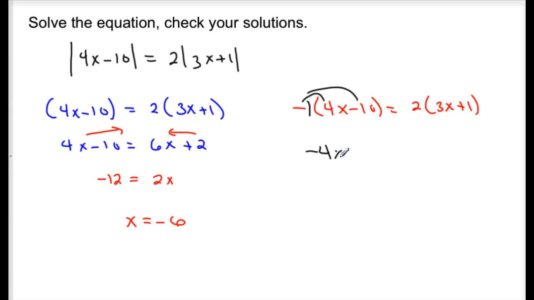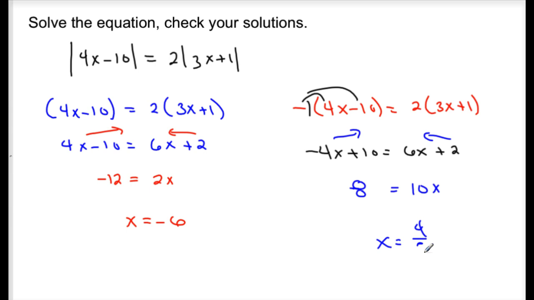So I got negative 4x plus 10 equals 3x plus 1. Bringing the 4x over, I get 10 equals 7x plus 1, and bringing the 1 over, 9 equals 7x. Divide both sides by 7, and x equals 9 over 7. Once you're here, go back and make sure you don't have any extraneous solutions.